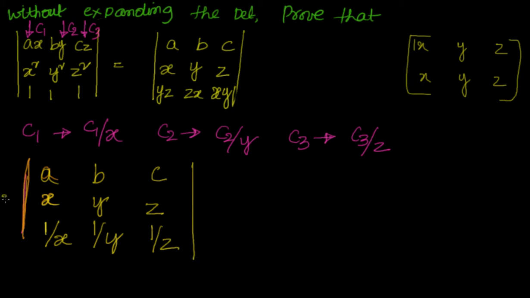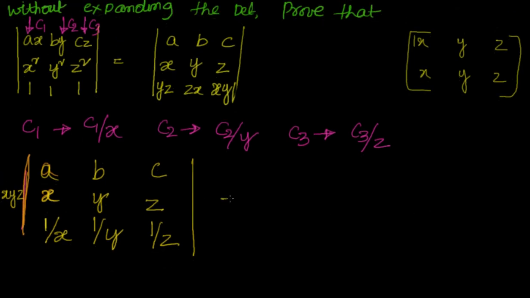You have taken X, Y, Z out. This is how it looks. We have divided the first column by X, second column by Y, third column by Z, and multiplied with X, Y, Z so that the determinant value is not changed.